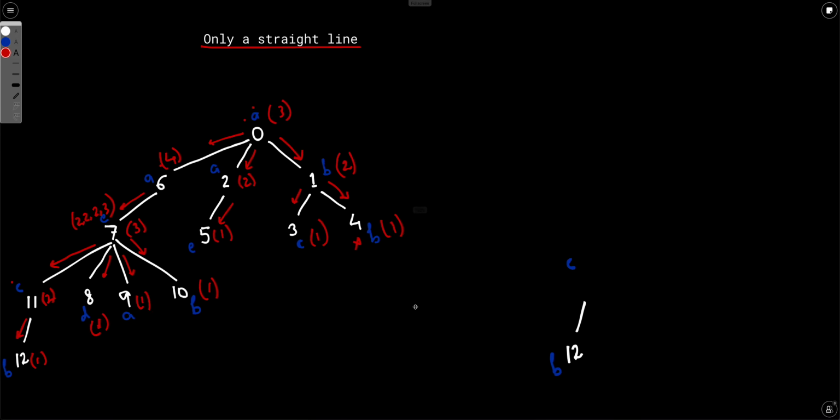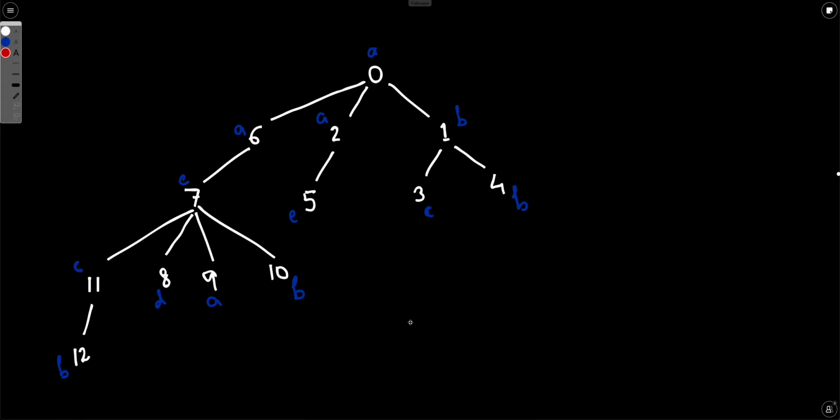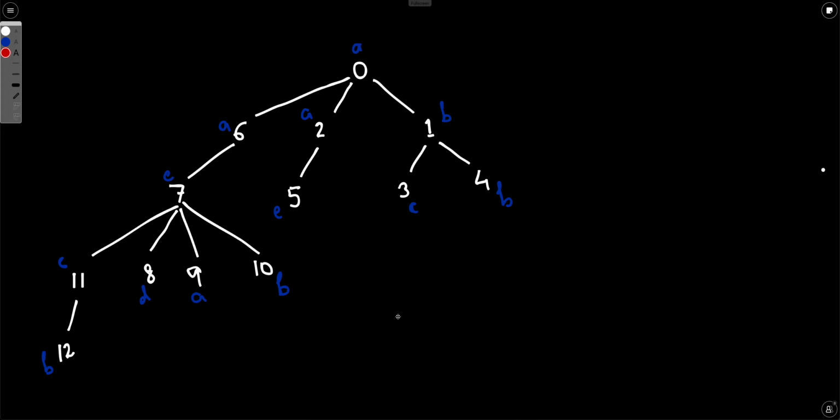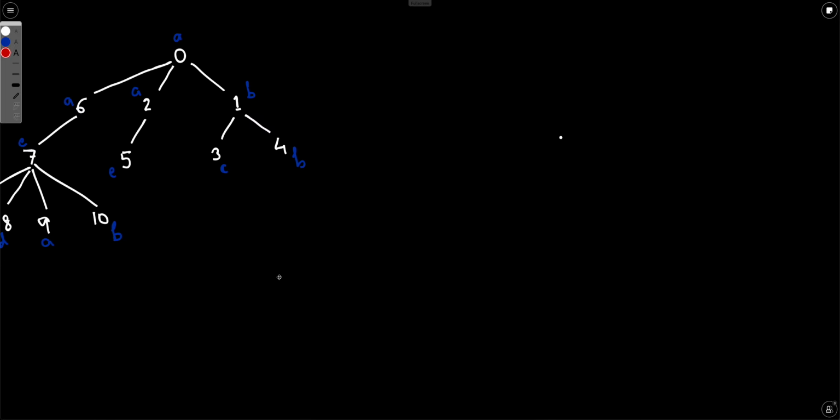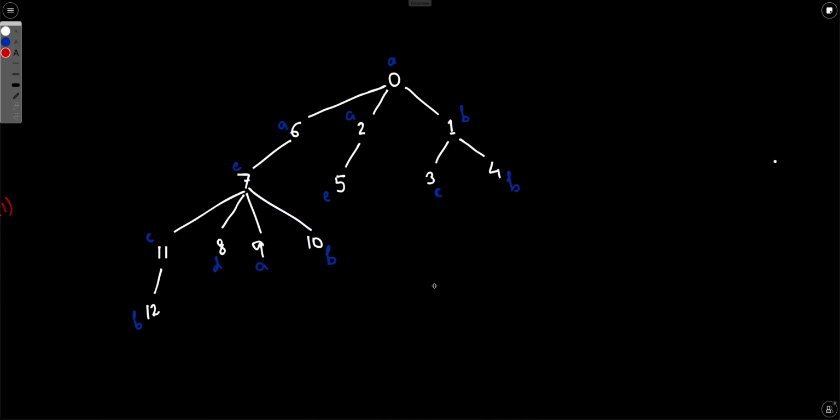Now let's again try to think about it. When we are saying that we have to find the longest non-straight line path, then we can have this kind of path, right?